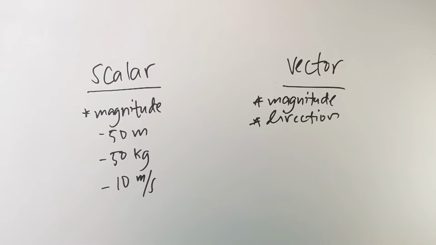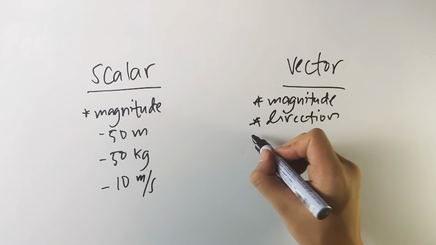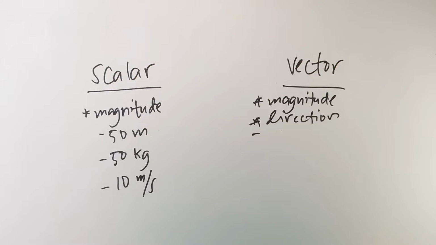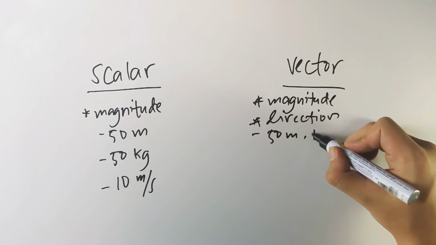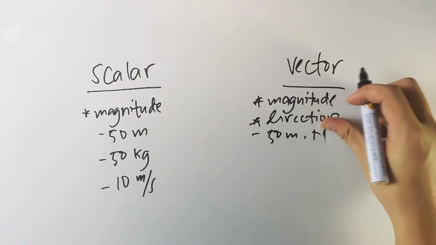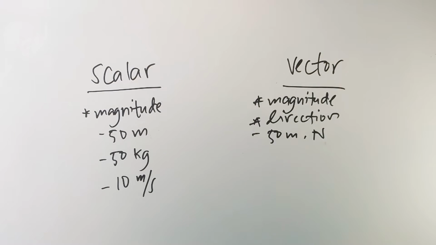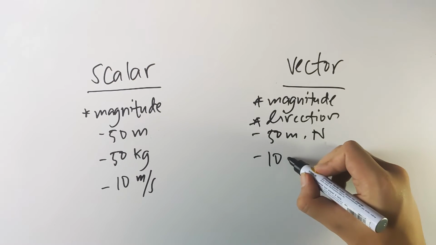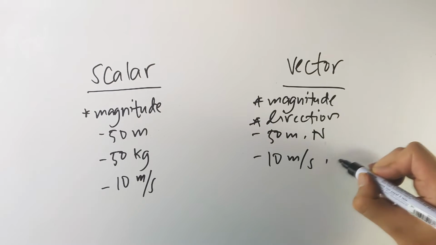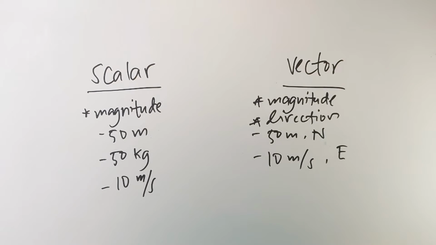So what would be the examples of that? Let's say you're walking 50 meters going to the north, or you're biking at 10 meters per second going to the east.